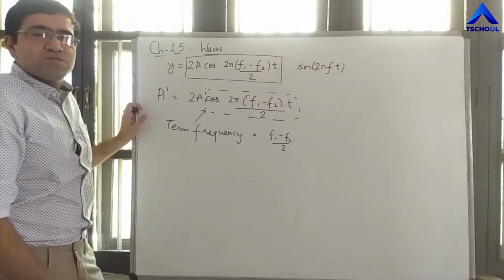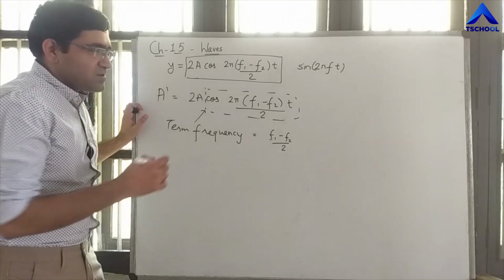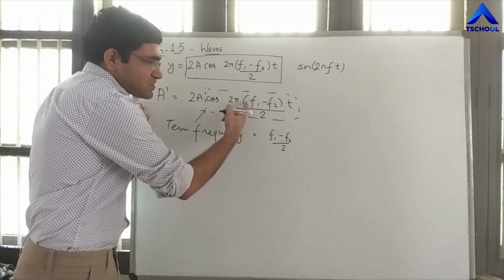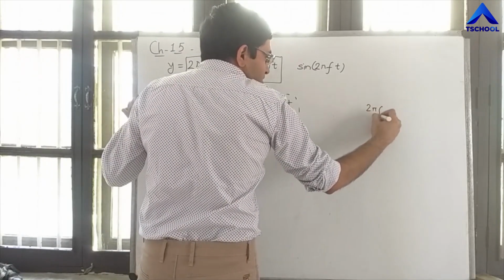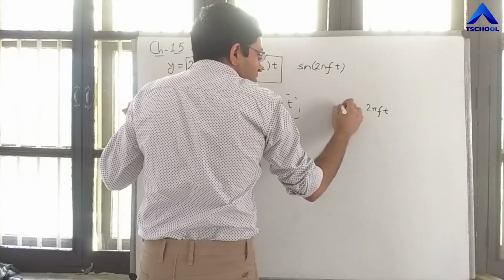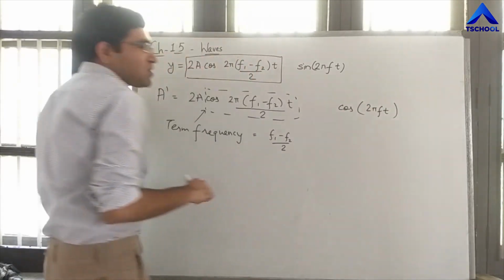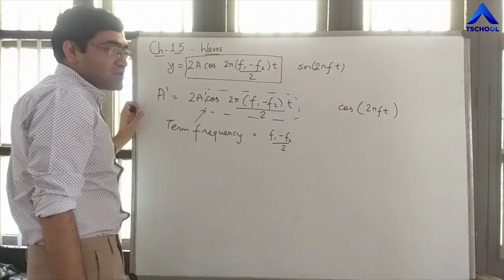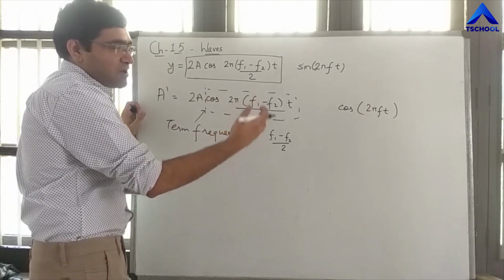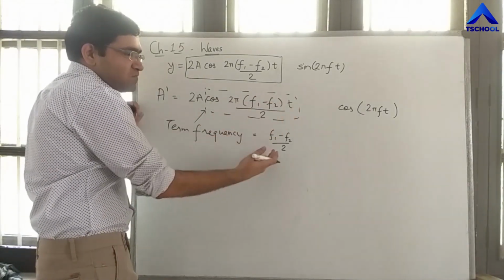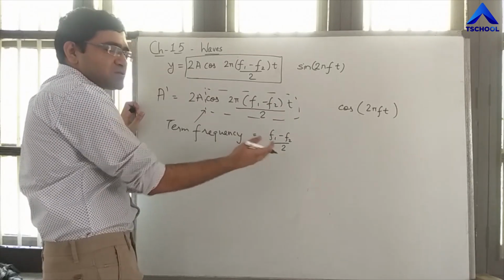Now how do we understand that? Well, if you compare with what you usually get inside cos or sine in simple harmonic motion, it's something like cos omega t or sine omega t. So omega is 2 pi f. If you watch these two carefully, I'm sure you realize that this term has this frequency.